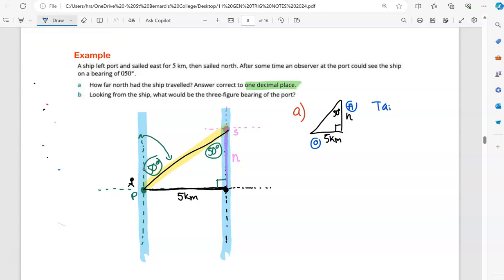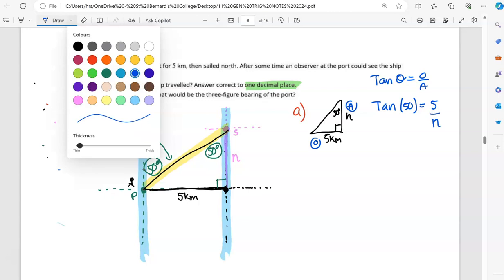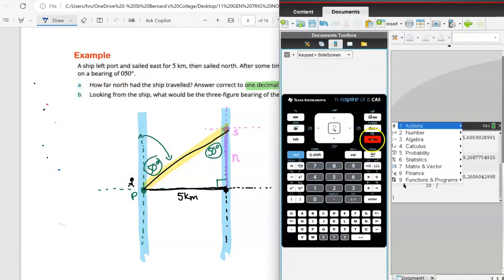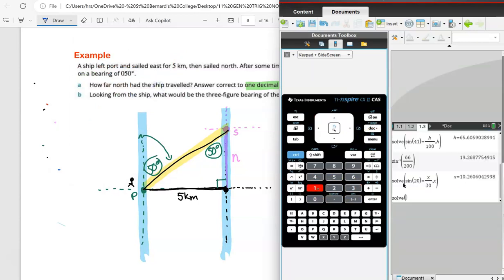Okay, so tan 50 equals opposite over adjacent. Sorry, I probably should have written the rule there. Tan 50 equals 5 over n. So we can do solve and find out what n equals. Menu 3, 1. Solve.